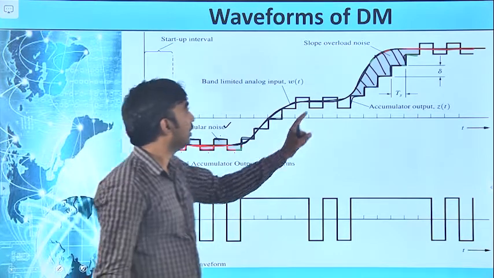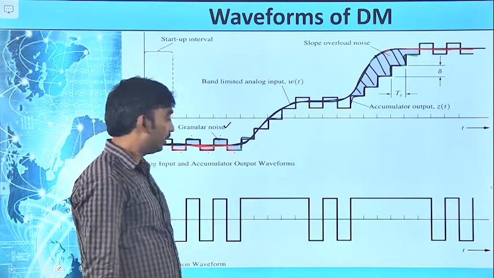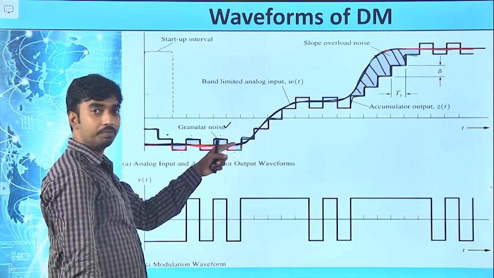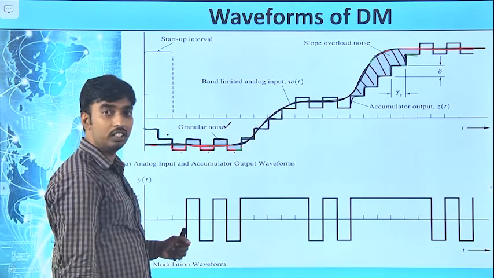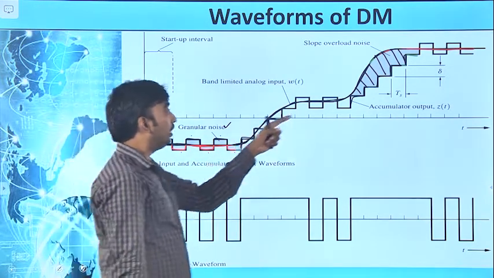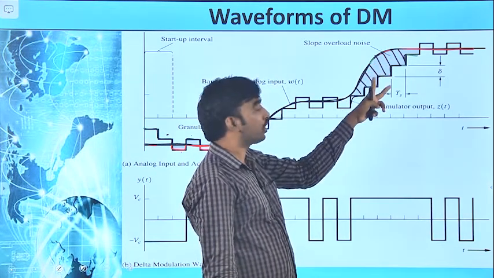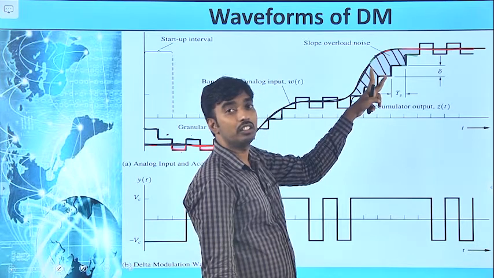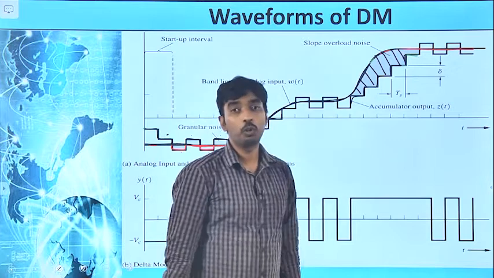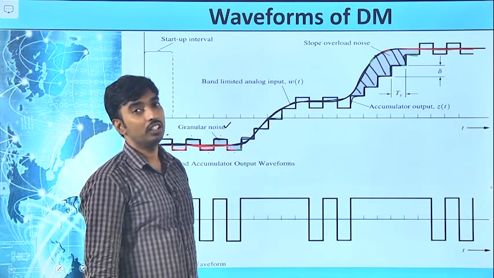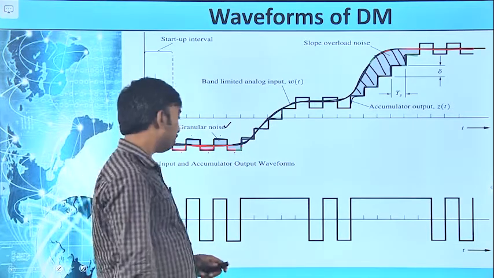That deviation is called slope overload noise, right? When the input signal is constant, the step size is fluctuating, and that is called granular noise. When the slope of the input signal is high, the deviation from the input signal to the staircase signal is called slope overload noise or slope overload distortion. I think you understand these two, right?